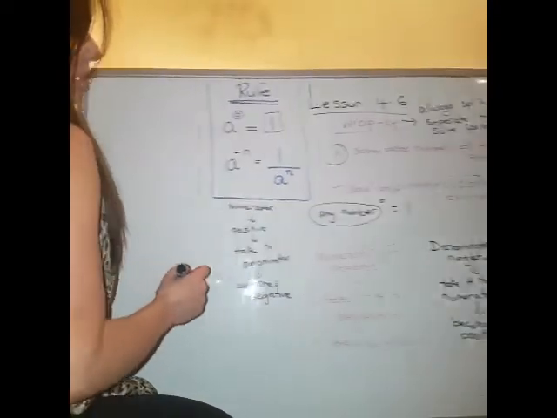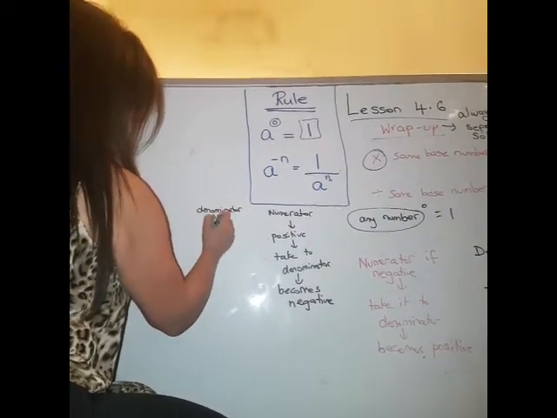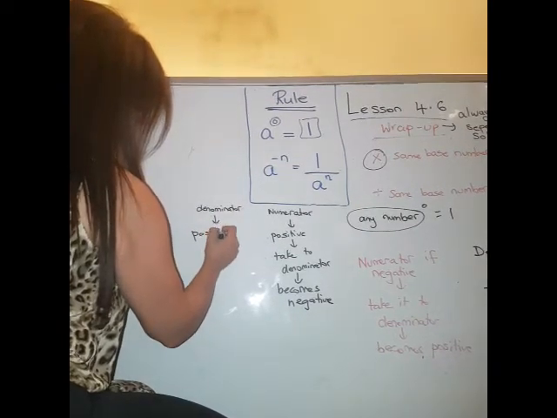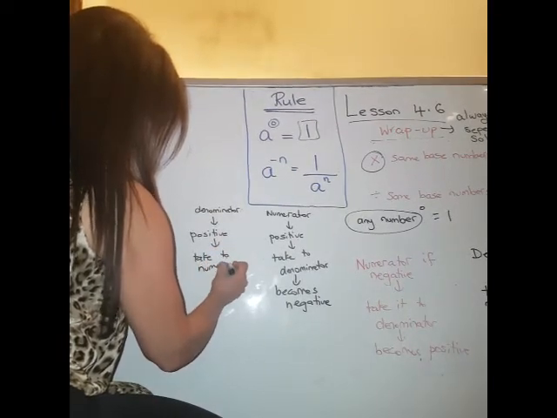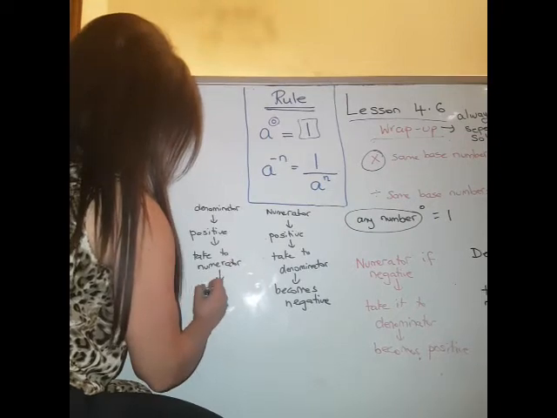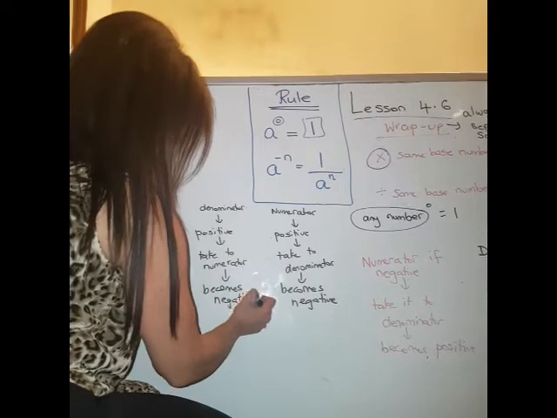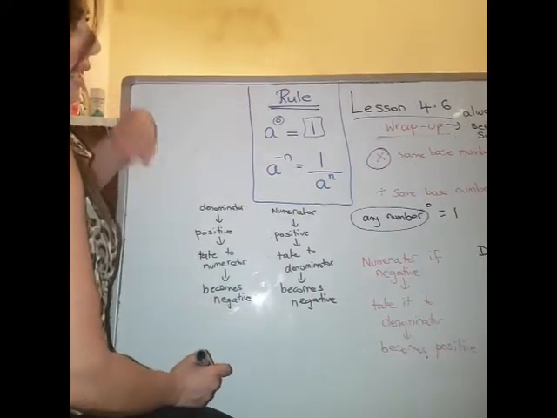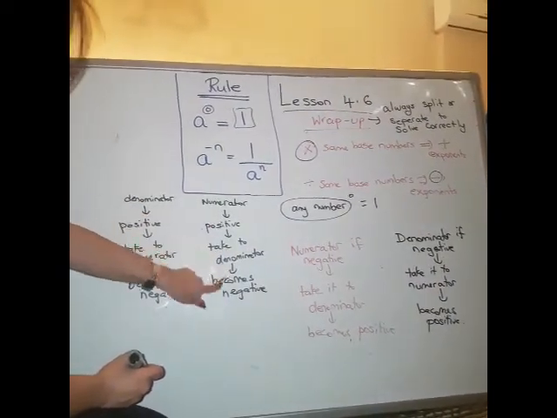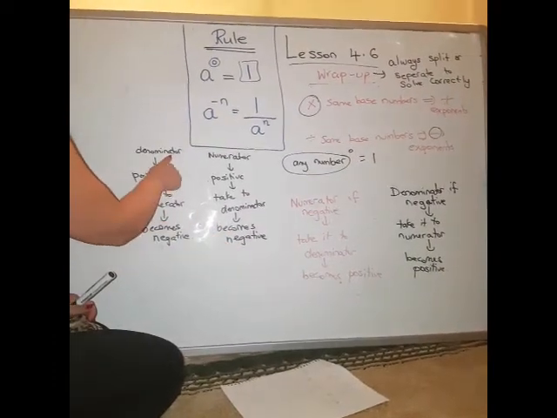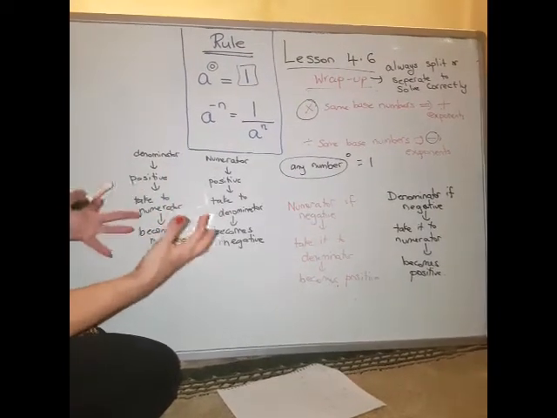One more rule: if I have the denominator positive, take it to the numerator, it becomes negative. Guys, this wrap-up is what lesson 4.5 and 4.6 is about. So if the numerator is positive, take it to the denominator, it becomes negative. And if the denominator is positive, take it to the numerator, it becomes negative. So it's a vice versa thing.